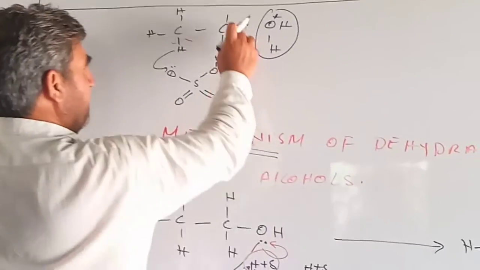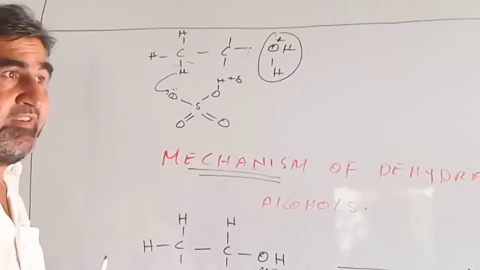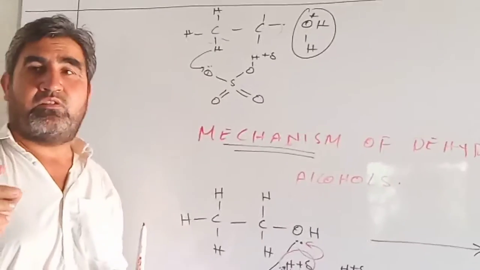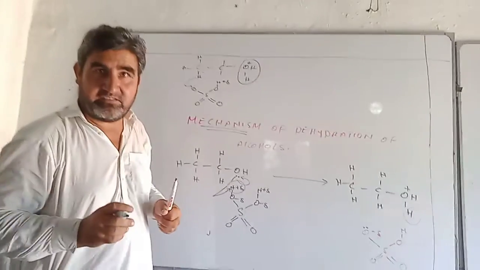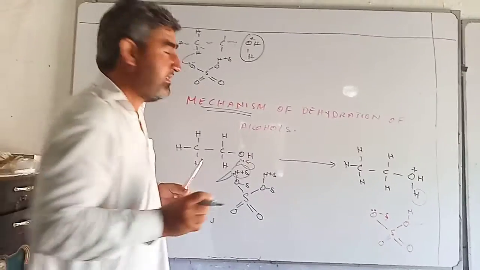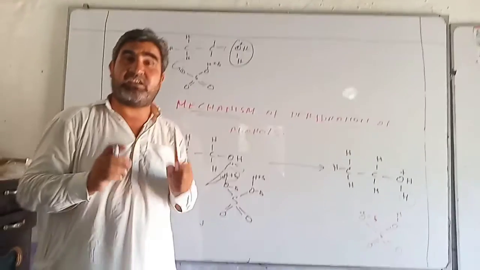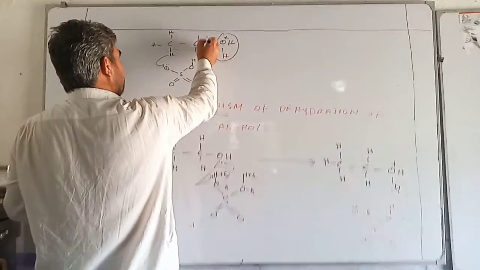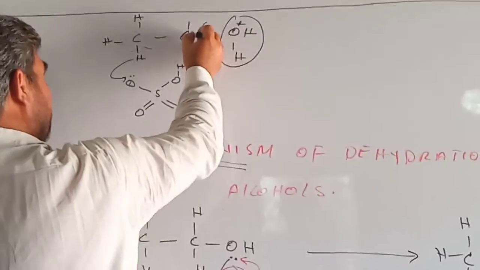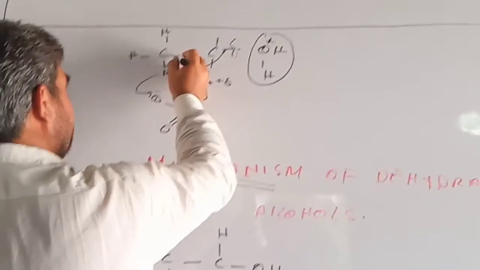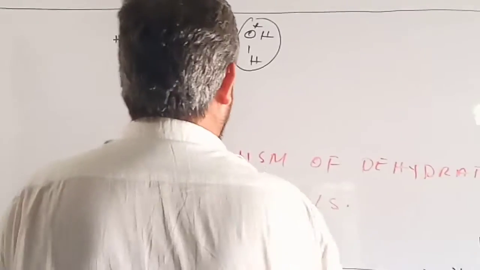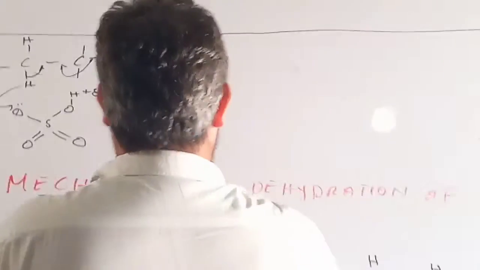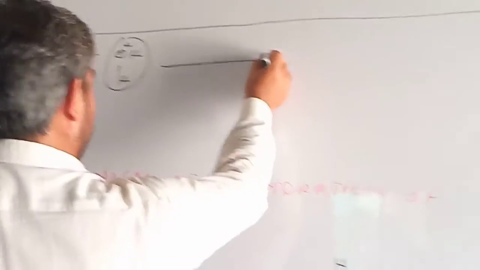Now one pair is made from two single unpaired electrons. This electron will be shifted here and this electron will be shifted there. So the water molecule will be removed easily.